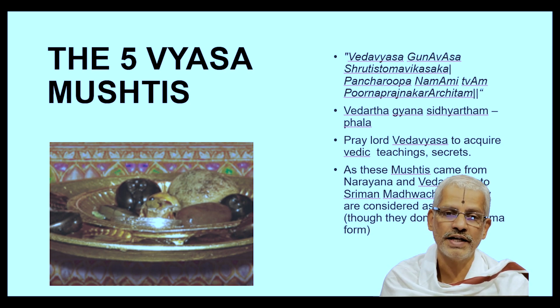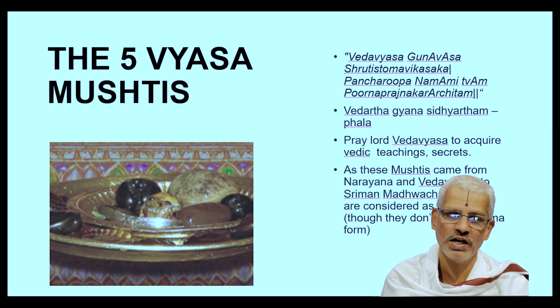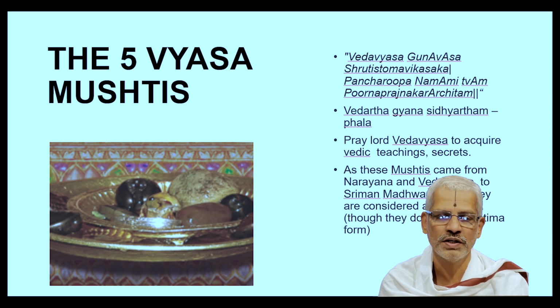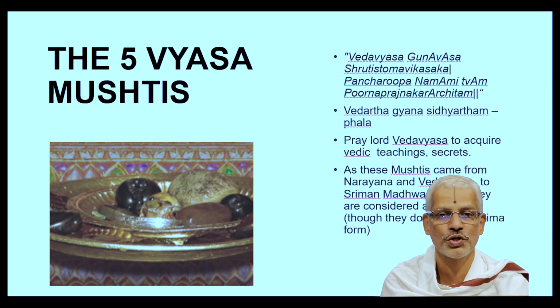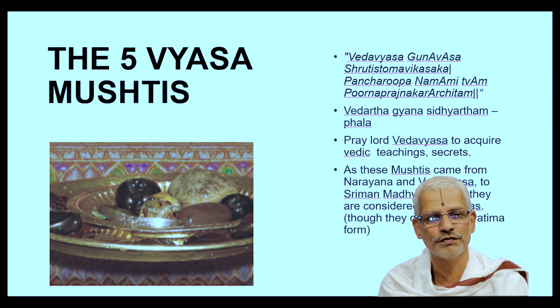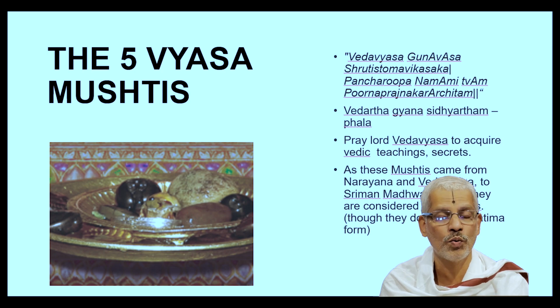So, for the Vedartha Jnana, the knowledge that needs to come from these Vedas, if we have to be blessed, we need to worship, do the namaskar, and chant the shloka of Lord Vedavyasa. Therefore, the darshana of these 5 Vyasamurtis enables us to acquire the Vedic teachings and the secrets which are there in the Vedas.